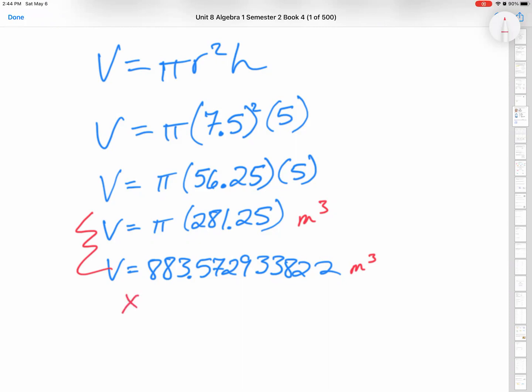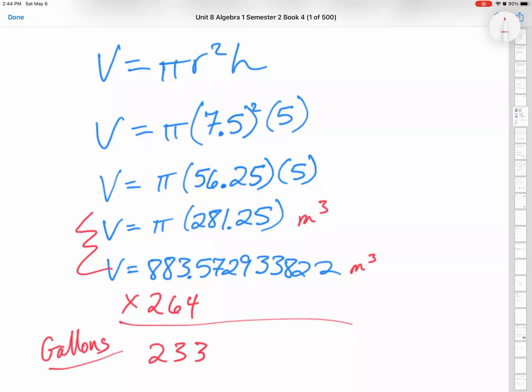So we're just going to take our value and multiply it by 264. And so when we do that, we end up with 233,263.25 gallons.